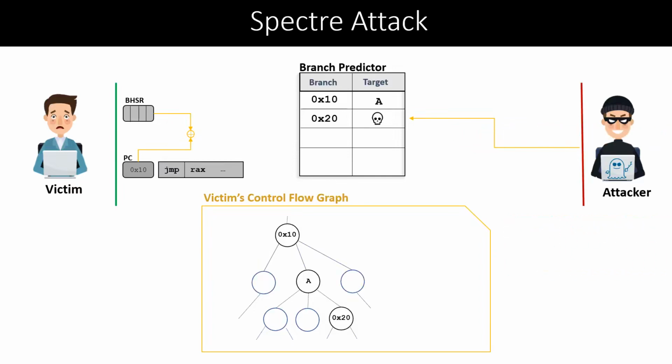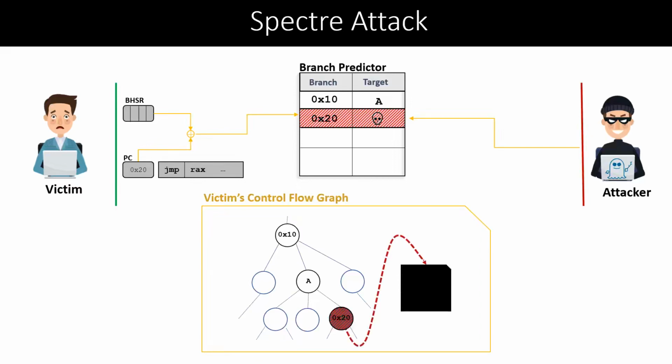When the victim starts to execute the branch in location 0x20, the control flow of the victim will be redirected to the malicious gadget, which usually brings some secret data to the data cache. Then the attacker can do some analysis to recover the secret data using side channel techniques.